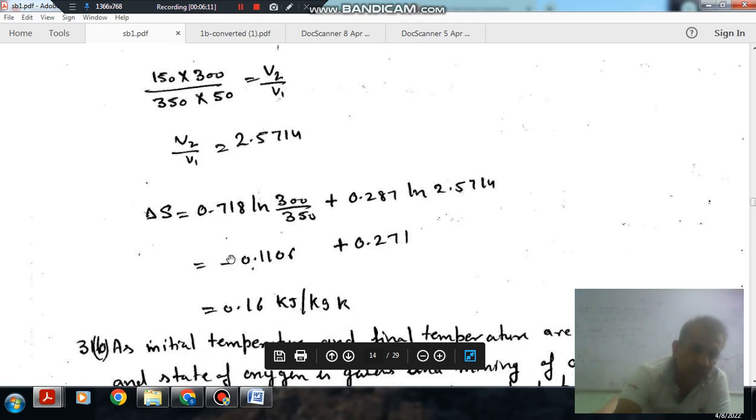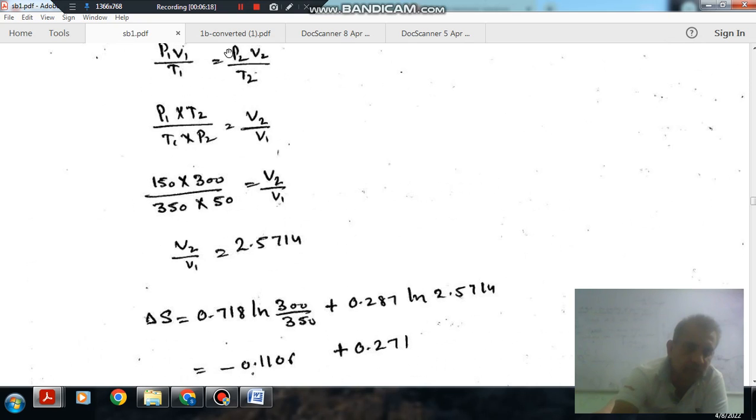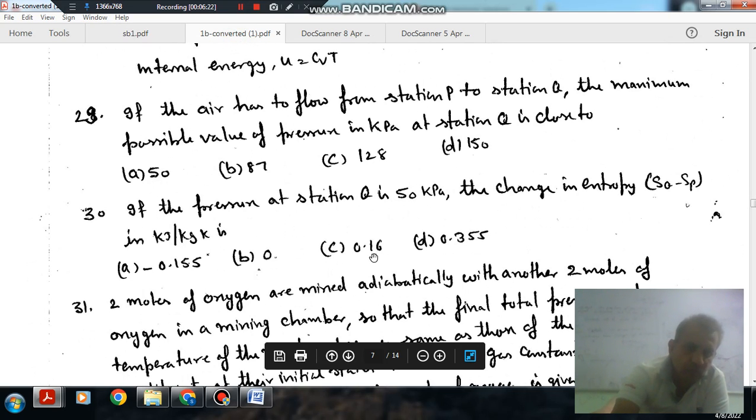This will be positive because that is the difference between the final entropy minus the initial entropy, and the final condition is Q, the initial condition is P. So SQ minus SP is your 0.16. Option C is the right answer.